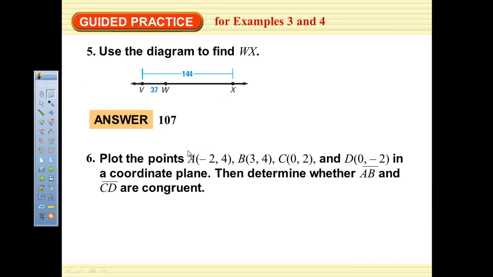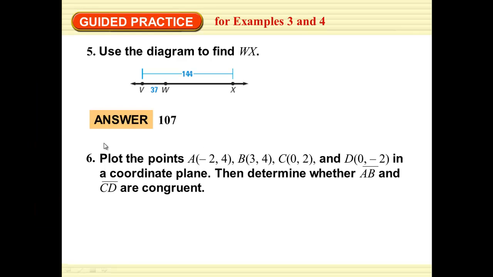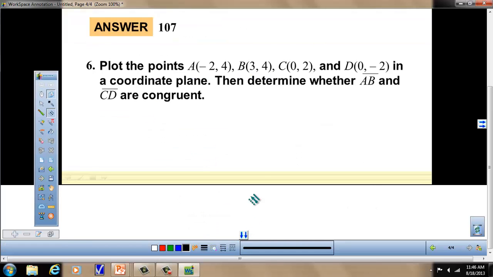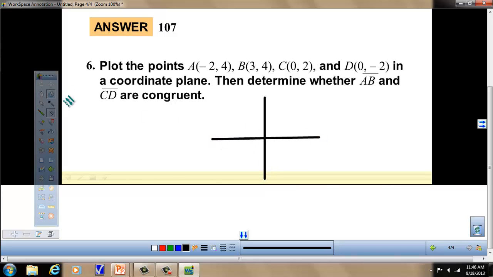For the next one, again, we want to plot here. So I'm going to move this up a little bit. And you can kind of do this in your head a little bit if you look at it carefully. But I want to see the work for this. So we've got our arrows here.